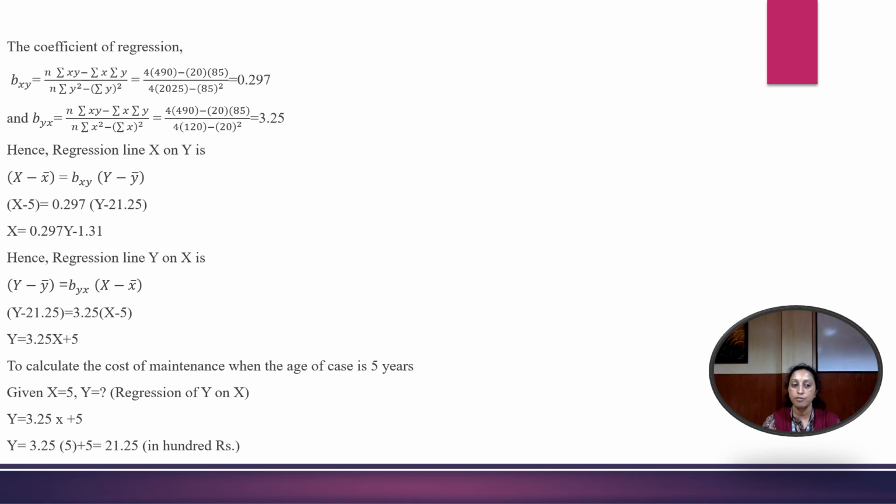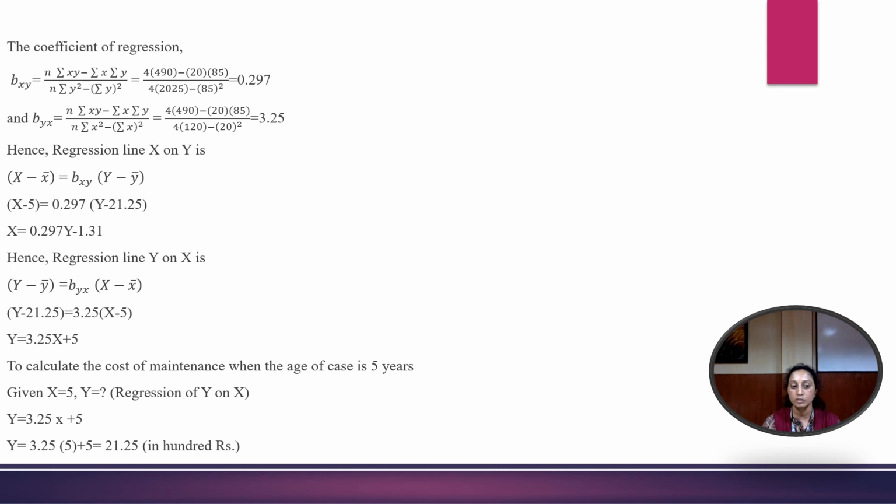BXY is given by the formula n into total of XY minus total of X into total of Y, divided by n into total of Y square minus total of Y whole square. Substituting all the calculated values, we get BXY as 0.297. Similarly, substituting all the values in the BYX formula, we get 3.25. So BXY and BYX are the two regression coefficients.